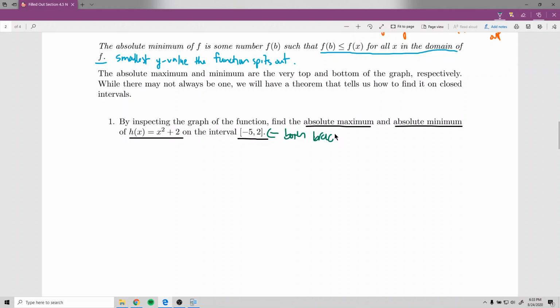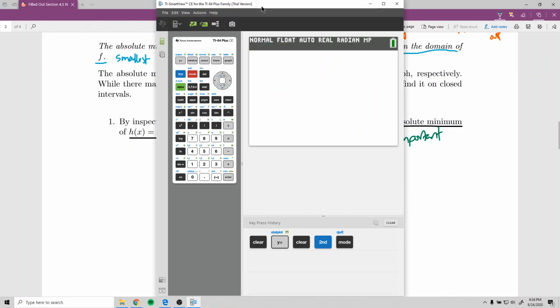When we look at our example, it'll make more sense. I'll be able to explain better when we have the picture. But I'm going to go ahead and graph this function, and I'm only going to look at it on this interval of x values.